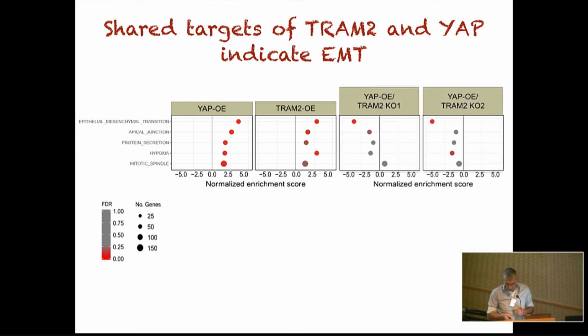Even if we now take these YAP cells and knock out, again, the TRAM2, which I showed you before, we can see that this group of genes goes down very, very dramatically. And the cells lose their, well, I'll show you in a second. It seems that the most pronounced gene group is the epithelial to mesenchymal transition.